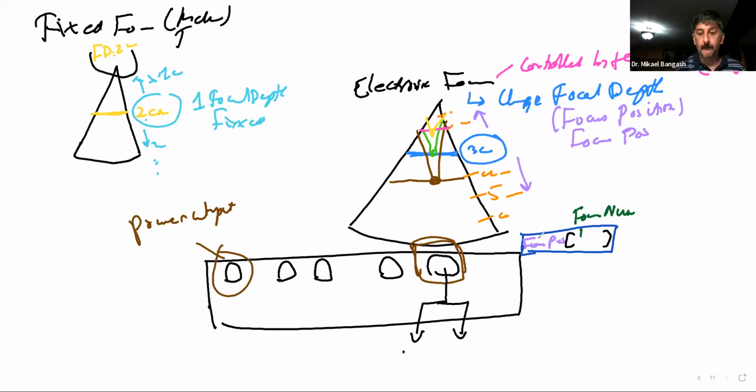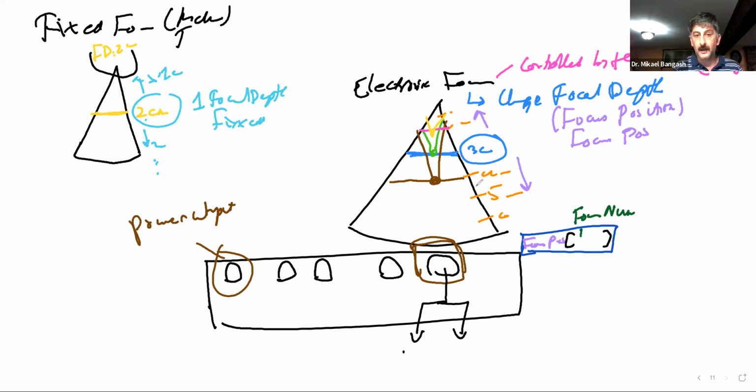Clear? Okay. Now that's only going to happen by twisting this knob: the change of the focal point, or change of your focus position, is going to happen just as focus position is outside the bracket.